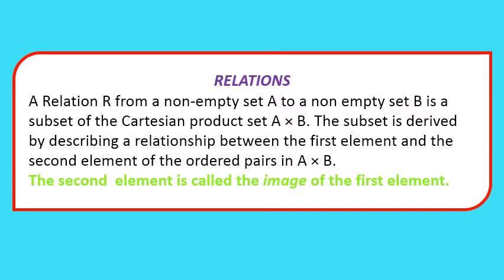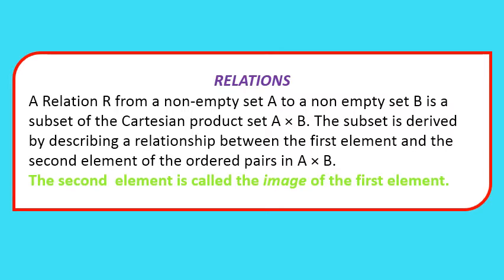The subset is derived by describing a relation between the first element and the second element of the ordered pair in A cross B. Okay. We have to define a relation between the two elements of the ordered pair. First element should be related to the second element by some proper definition.